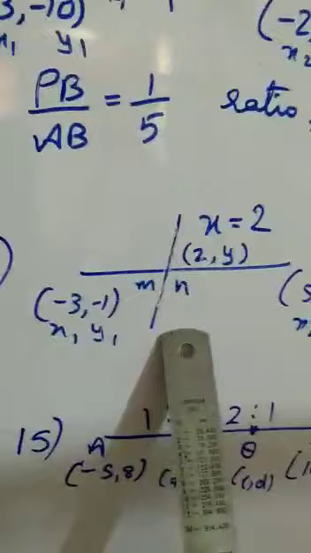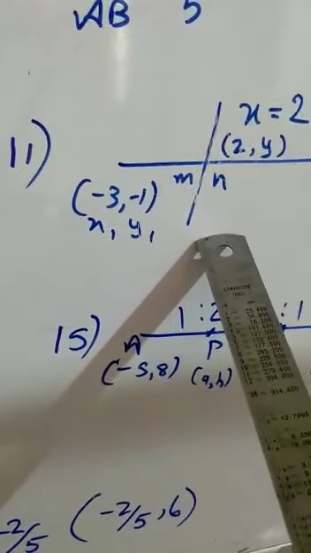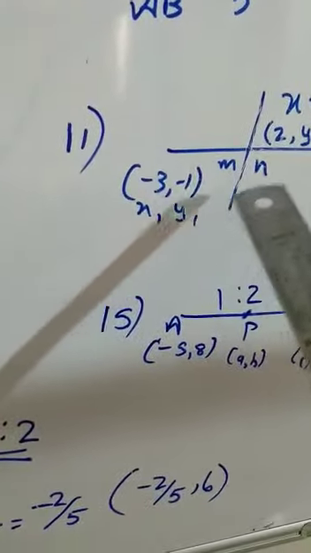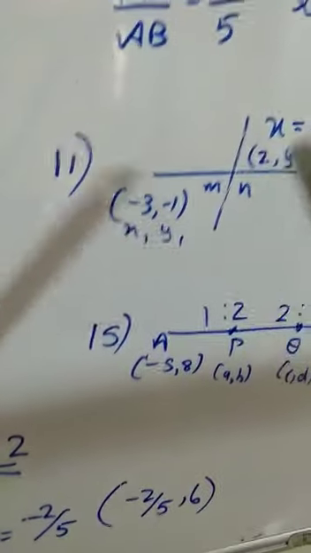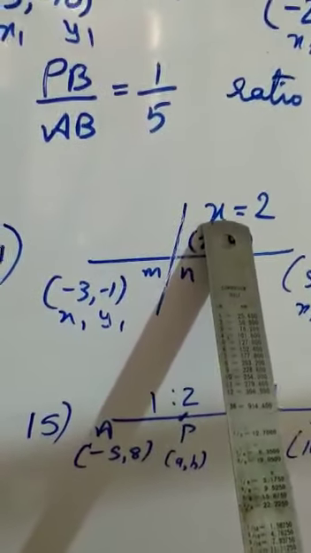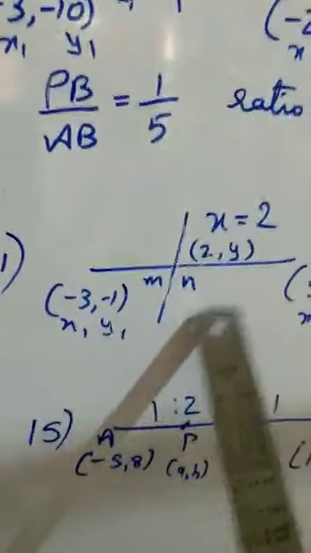So next I am telling about the 11th sum. The 11th sum says, calculate the ratio in which the line joining the points minus 3, minus 1 and 5, 7 is divided by the line x is equal to 2. Here see the difference. They are saying x is equal to 2. They didn't say x-axis.